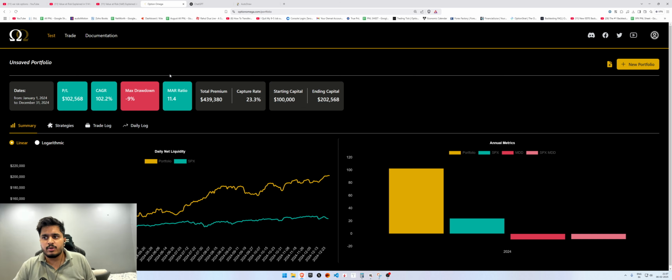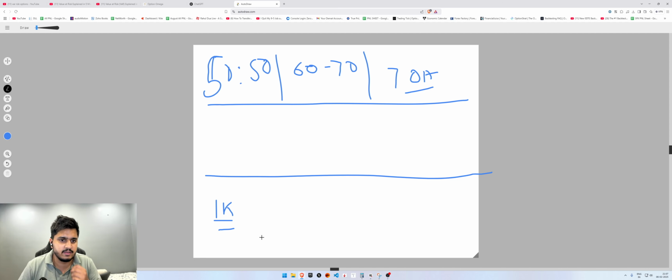And what you can do with the rest of the capital is you can just buy either stocks, like S&P or an index, or you can also buy treasuries, which will give you like 2-3% extra every year. So yeah, $1,000 max risk on a 100k account.